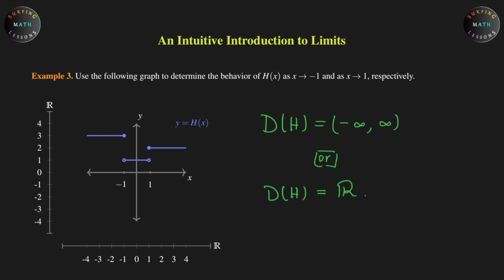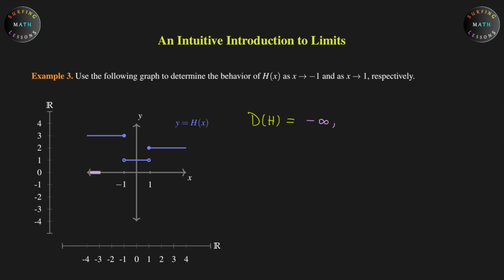Clearly, -1 and 1 are points of interest, and these points partition the domain of the function into three subintervals, namely the half-open, half-closed interval from minus infinity to minus 1, the open interval from minus 1 to 1, and the half-closed, half-open interval from 1 all the way up to infinity.